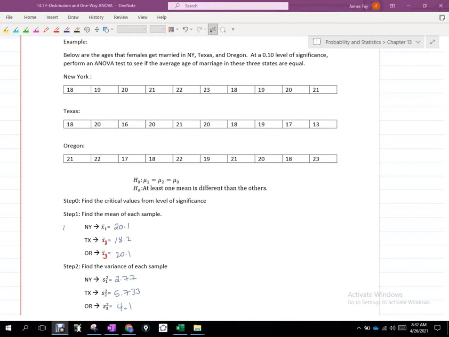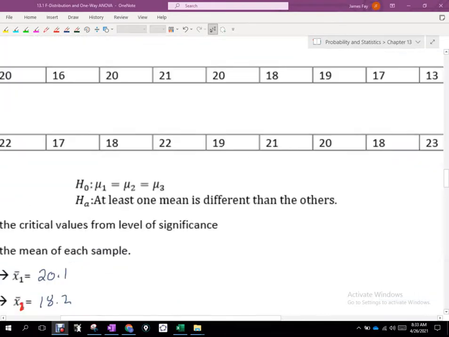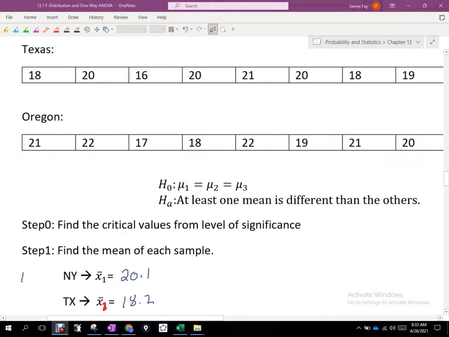Remember, the null hypothesis is always set up so that your 3 or 4 or 5, however many populations you have, are assumed to be equal, because the test determines whether one or more are unequal. So we start with equality, and then the data will lead us either to reject that or not reject it.